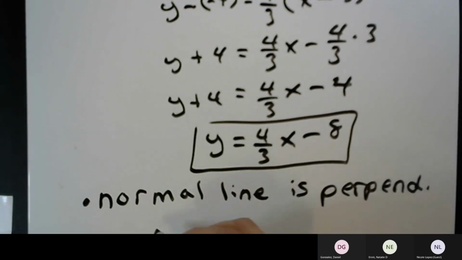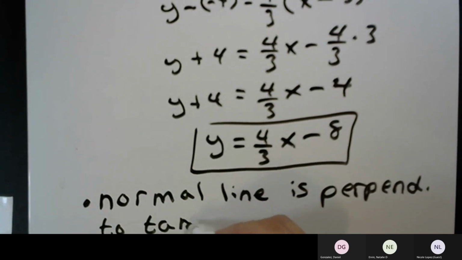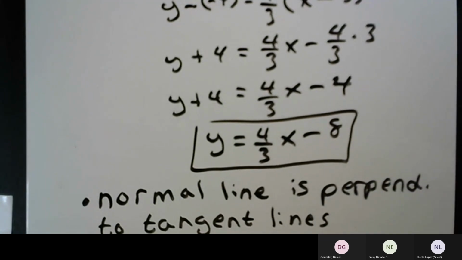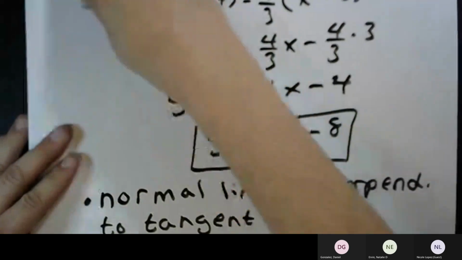I have to abbreviate that. So they're perpendicular to tangent lines. So what does this actually look like? Well, we'll take our circle.